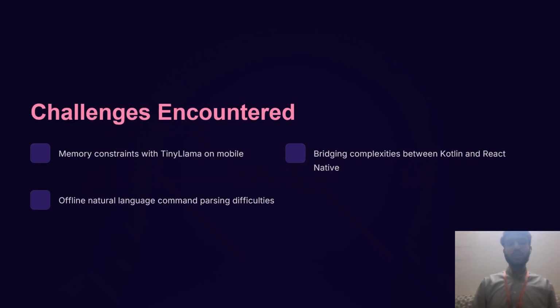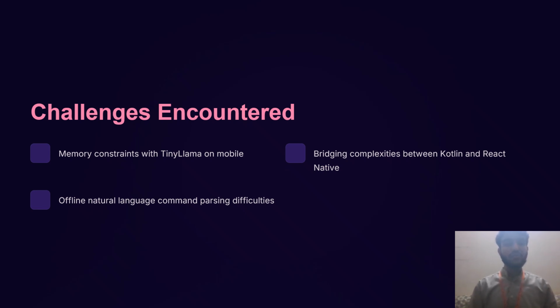The challenges we encountered. One major challenge we faced was integrating a large language model with a mobile app without crashing or exceeding memory limits. We had to experiment with quantization formats like GGUF, and learned how to run models with llama.cpp and llama.rn effectively. Another challenge was copying large model and indexed files from assets to local internal storage and making them accessible at runtime.